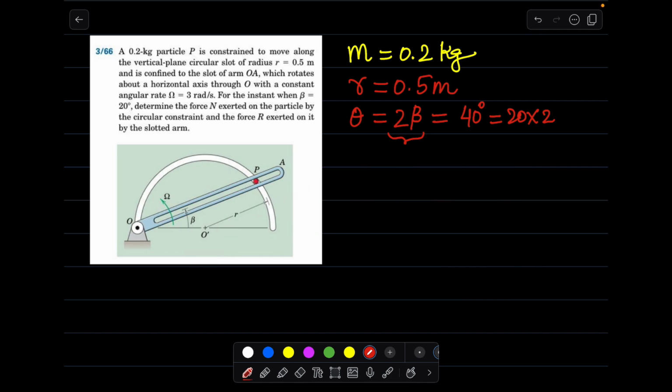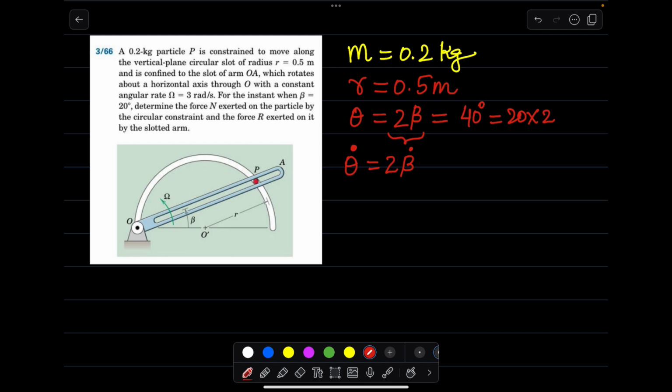Now I will find the other values from the problem. We can see that omega is given as 3 radian per second. As you know, theta dot is also omega, so this is 3 radian per second, and it is moving with a constant angular rate. Now we will try to find the value of theta dot. Theta dot will be equal to 2 beta dot.